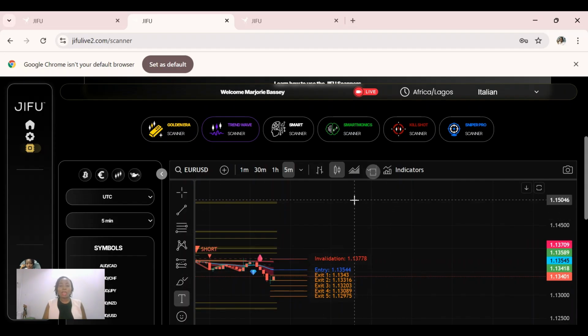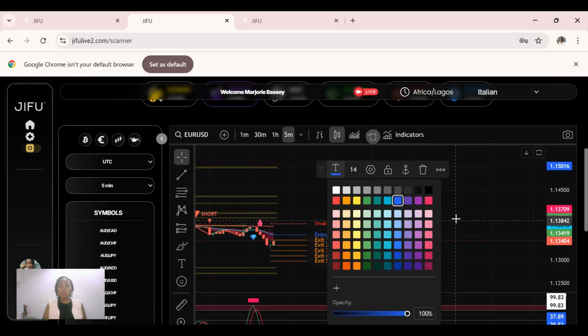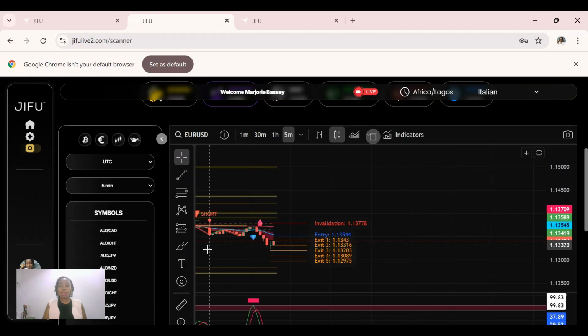So let me type out this strategy so that if you're watching this, you can easily screenshot the strategy. So the strategy is this. There are two parts of this strategy.